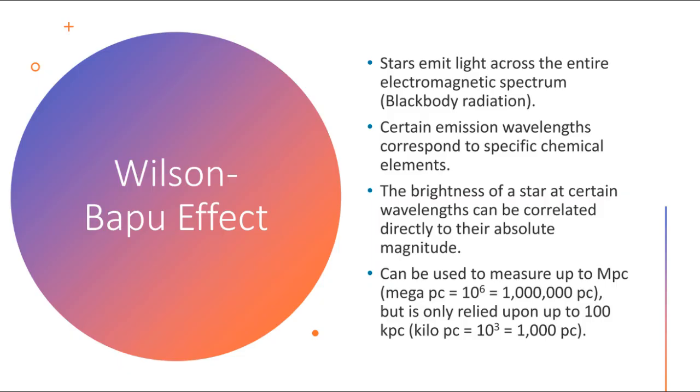And so what astronomers have done is they've mapped some of those chemical signatures to the absolute magnitudes of different stars. And so if you measure the brightness of a star at a very specific wavelength, then you know how bright the star should be, and you can calculate a distance using the apparent and absolute magnitude, or as the vocab words that we used before, brightness and luminosity.